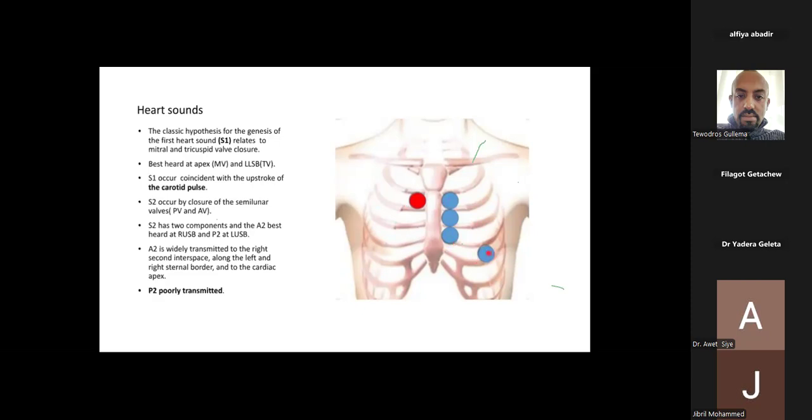So if you are asked in the exam, it is here, right and left, S1 is louder than S2, so we say in this area S1 is loud. In other words, if in these two areas S2 is louder than S1, the S2 is accentuated or loud.